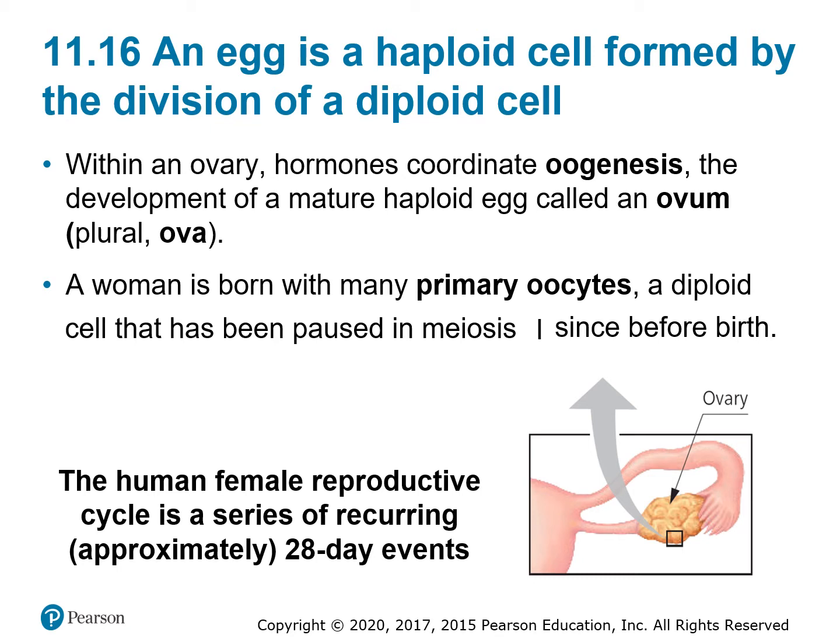The human female reproductive cycle is a series of reoccurring events approximately every 28 days. Here is the ovary, and here's the fallopian tube right in here.